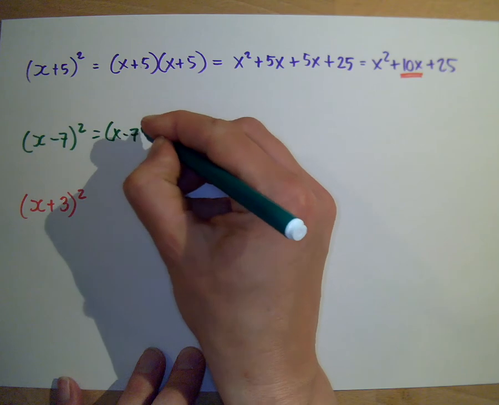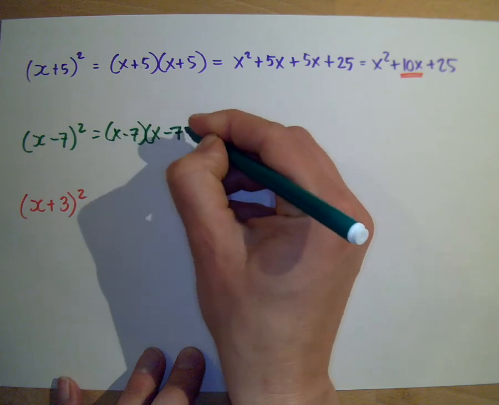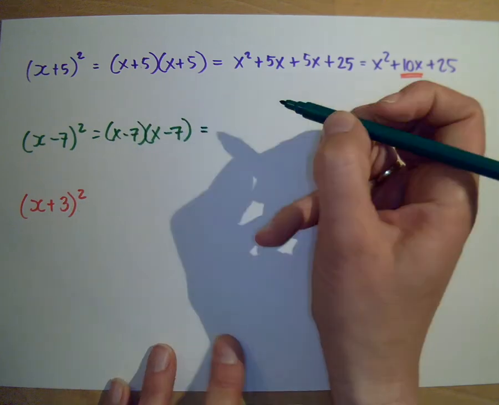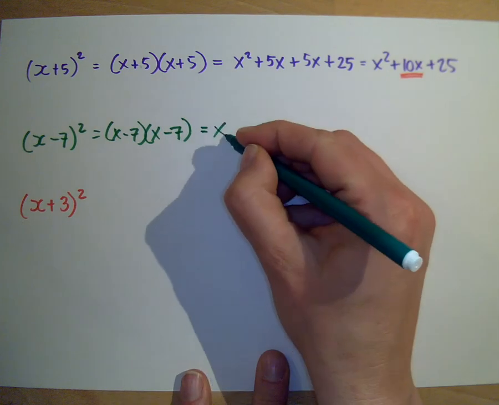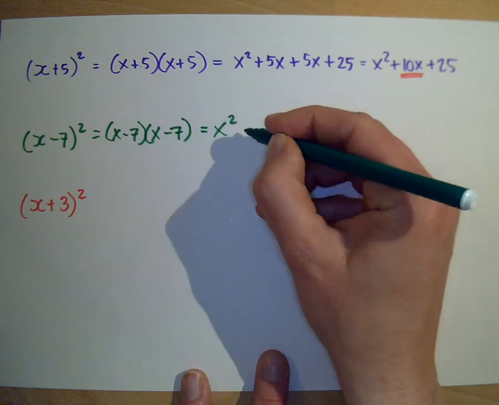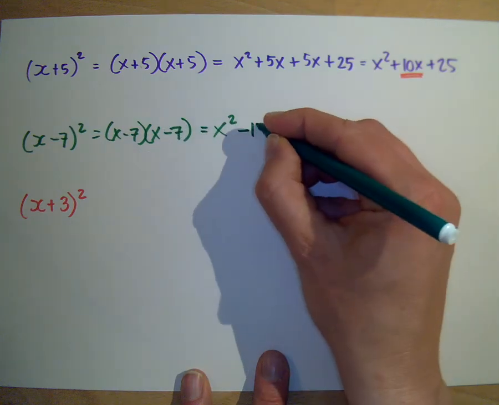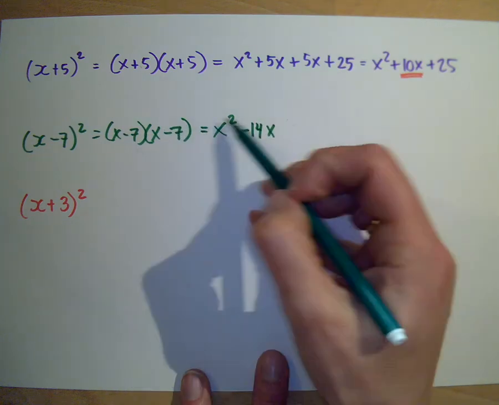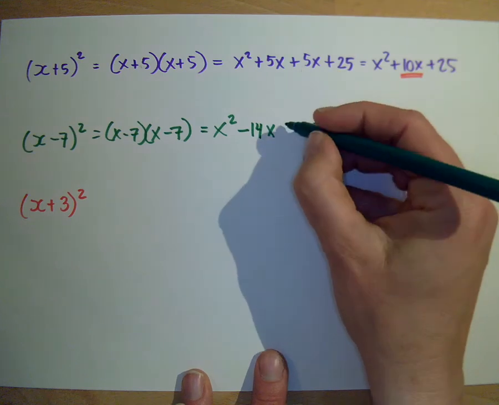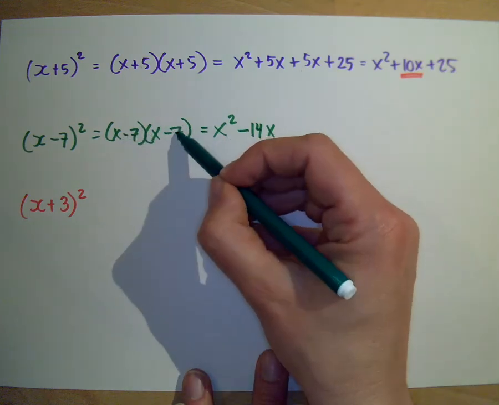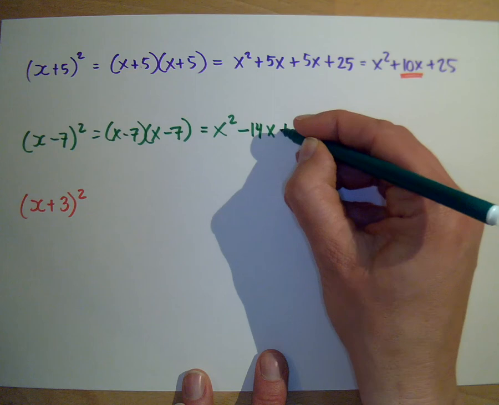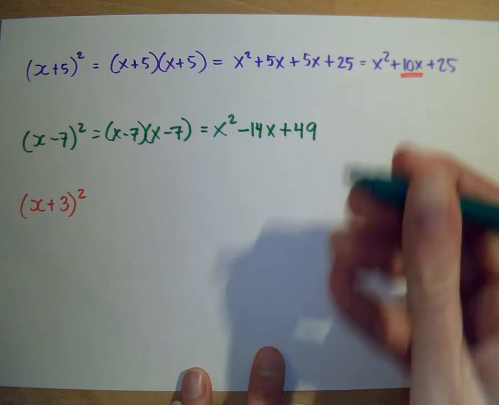x minus 7 times x minus 7. When we expand it, it's x squared minus 7x minus 7x. So I'm just going to do it in one go now: minus 14x. Minus 7 times minus 7 is a plus 49.